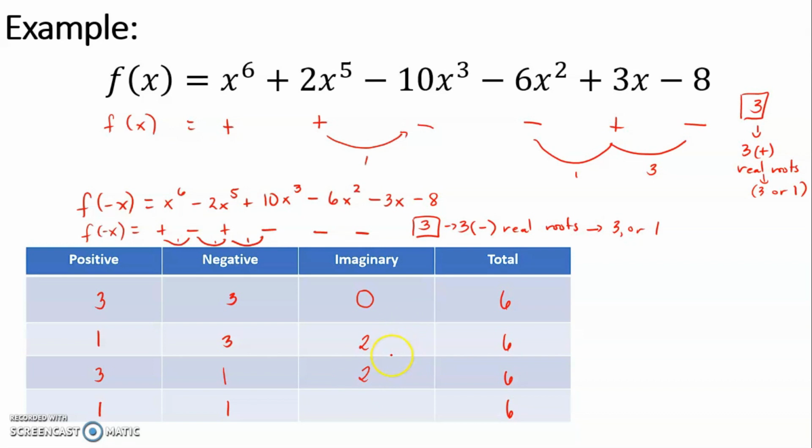Another 2 imaginary roots for the third combination. And 1 positive, 1 negative gives me 2 real roots, meaning the imaginary roots of this combination must be equal to 4. Okay? And these are all the possible combinations of real roots and imaginary roots of this particular equation.